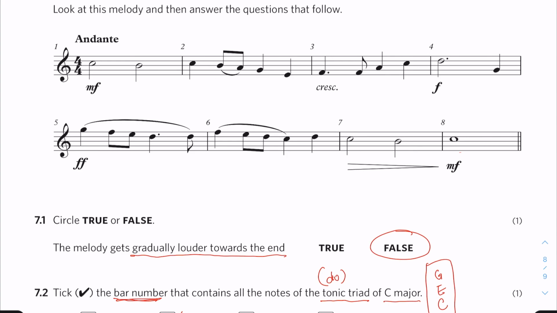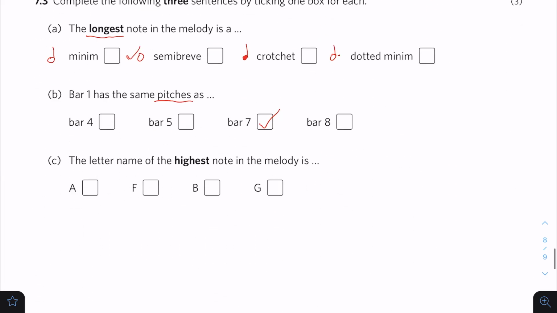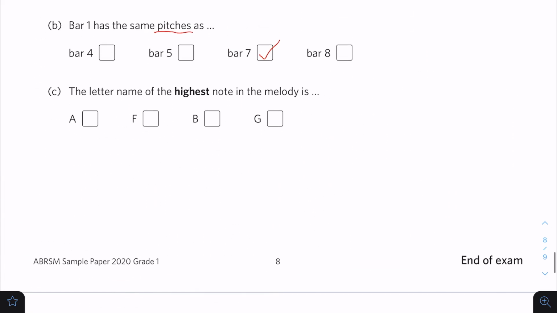Okay, looks like this one is our highest note. Let's check carefully. Yes, that's our highest note. And what is this note? Every good boy deserves fudge. The top line is fudge, F, and this one will be that one on top, G. G will be the answer. So we're going to take G.